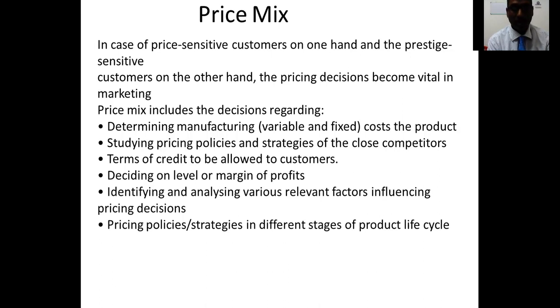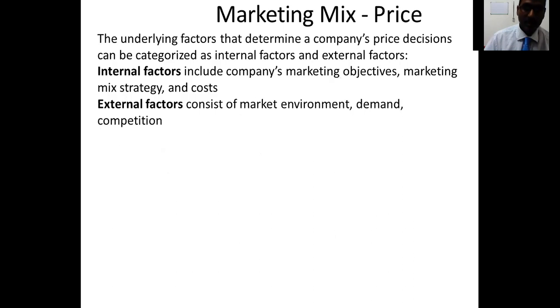That is also one factor to be considered. Then identifying and analyzing the various relevant factors influencing the pricing decisions, like pricing policies and strategies in different stages of the product life cycle. What stage is the product undergoing, whether it's introduction, growth, maturity or decline? That also needs to be considered while fixing the price.